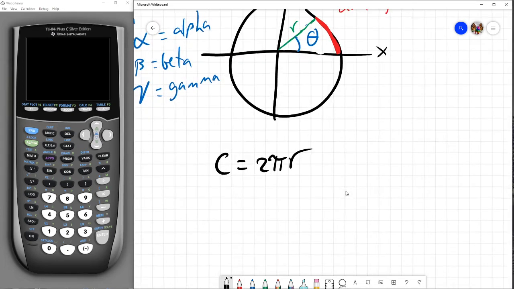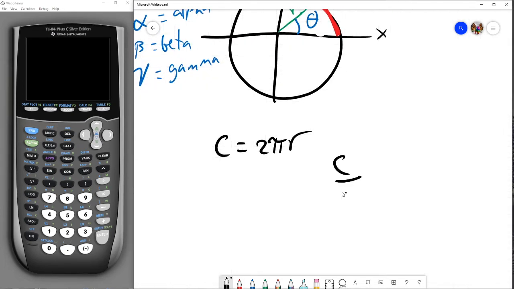Because if we have our circumference divided by our radius, notice you're going to get 2 pi times r divided by r. And so we're going to be getting units canceling out. So this quantity is going to be unitless, and you're just going to get some leftover value here. In this case, it's a 2 pi.